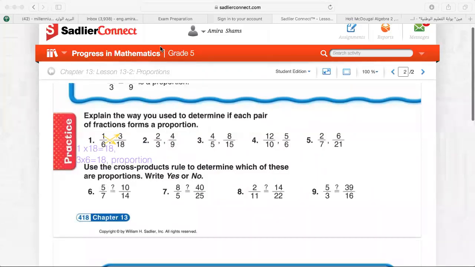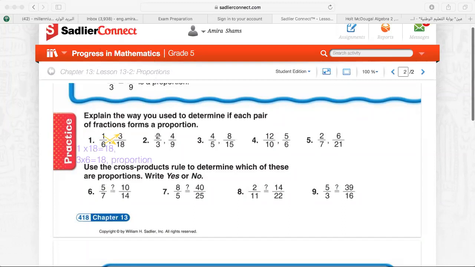Let's answer number 2. Who will answer number 2? Rahaf, which way are you going to use? The cross product rule.